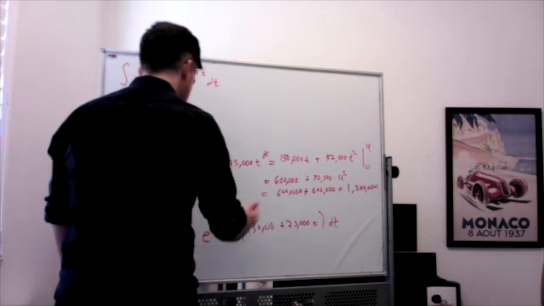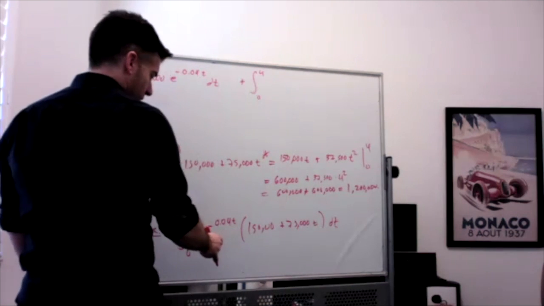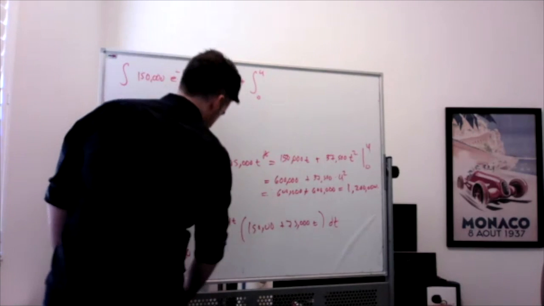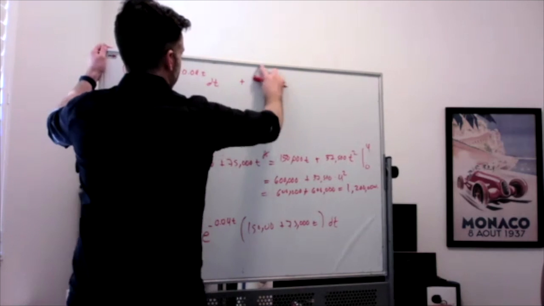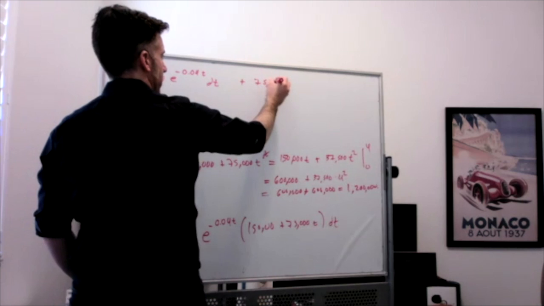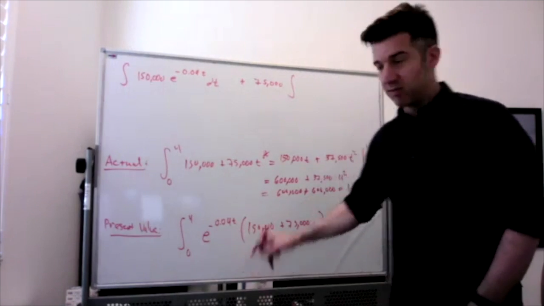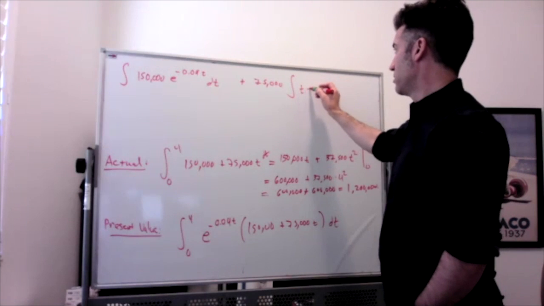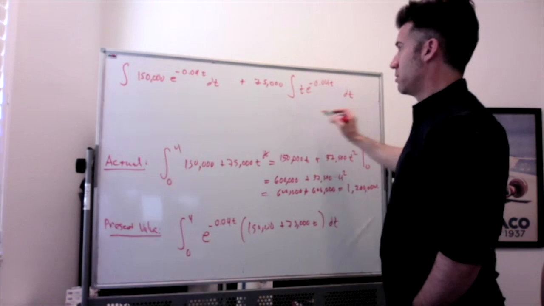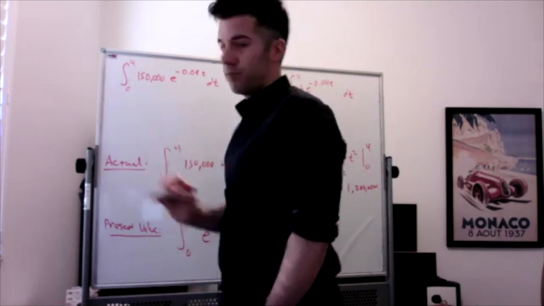But then we also have to do the integral from 0 to 4 of e to the negative 0.04t times 75,000t. Or if we pull out the 75,000, which I guess I could have done here as well, it's 75,000 times the integral of t times e to the negative 0.04t, 0 to 4.